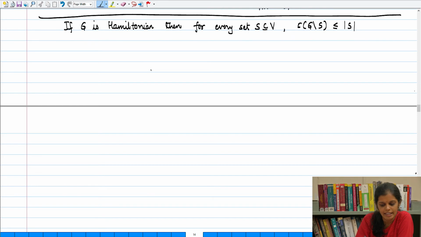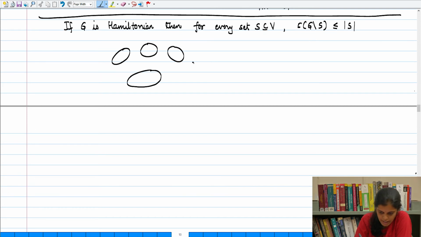So let us take any set S and remove it from the graph, right? So take any arbitrary set. How do you expect the graph to decompose? It will get decomposed into several components. So we don't know how many, so we will say that there are some k components, right? So we will call these components C1, C2 up to some Ck, right?